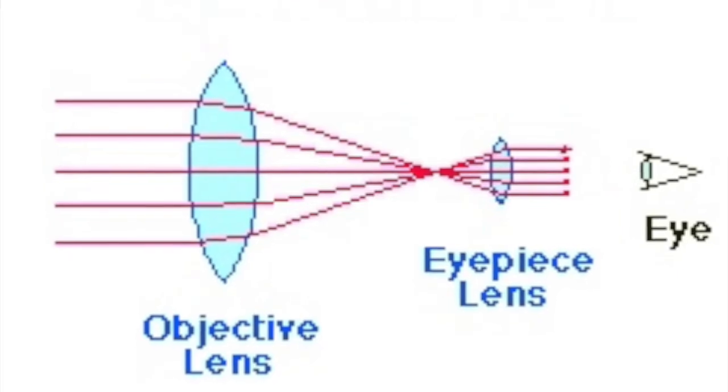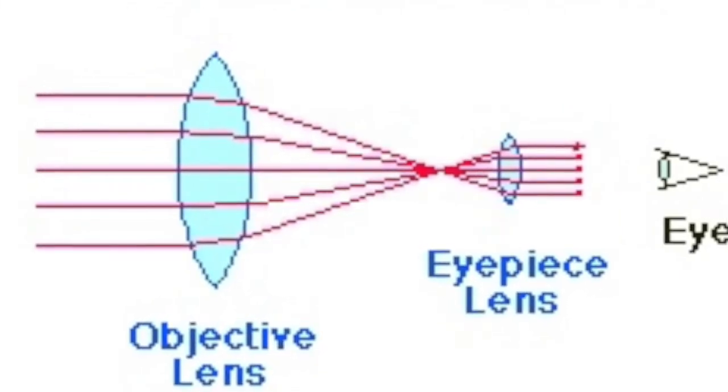It has an objective lens that's 1.2 meters or 40 inches across, and its total power is 195x. Here's the schema of a refracting telescope.